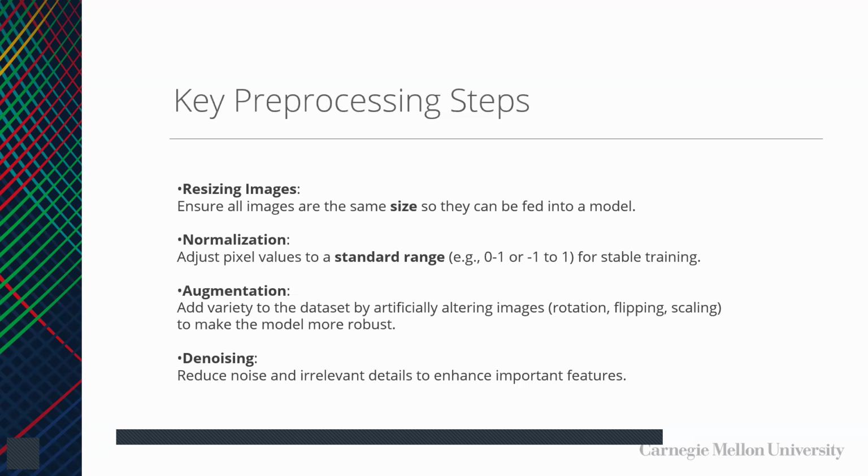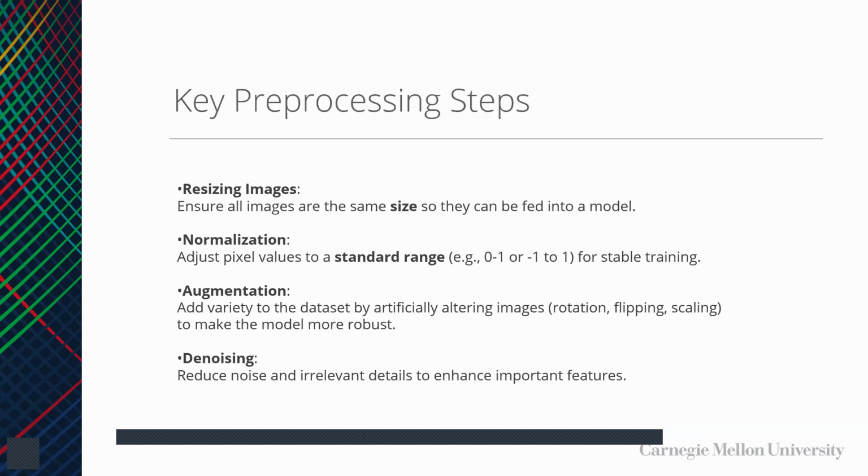Then normalization is the same thing. We can see the similarity between the pre-processing in the images and the pre-processing that we've done in the signals as well. Here we also do normalization, which makes a standard range, usually 0 to 1. It makes the training more stable.